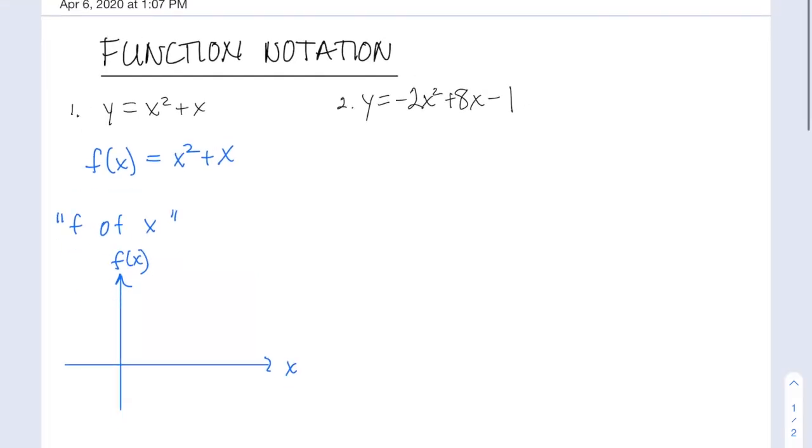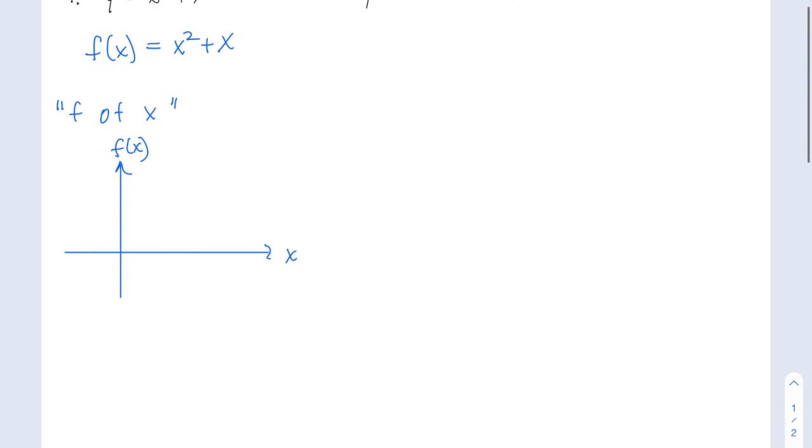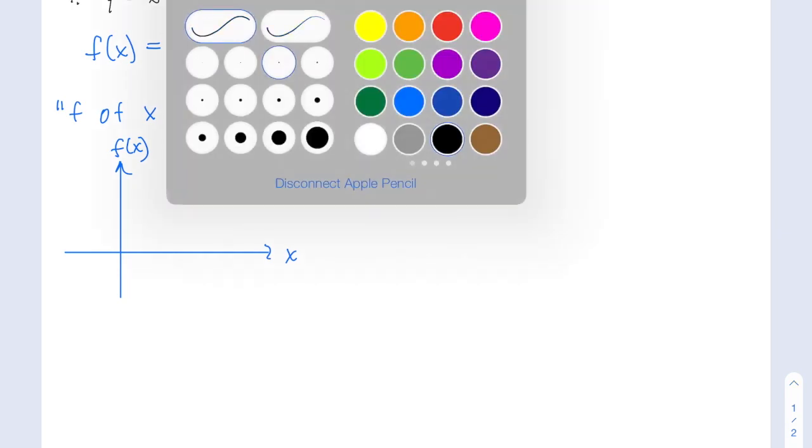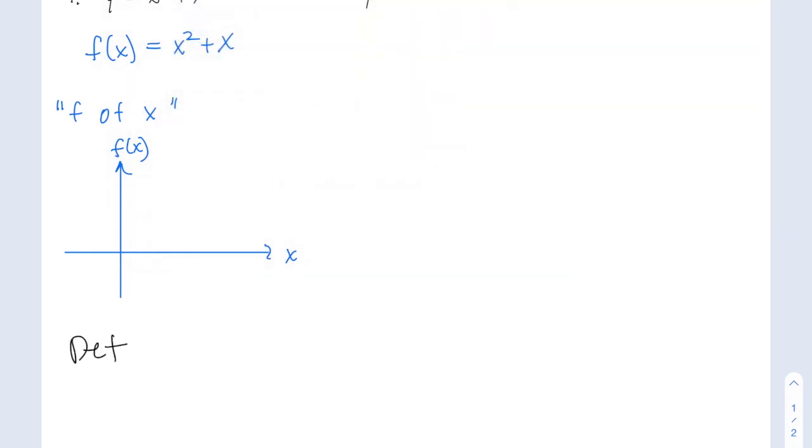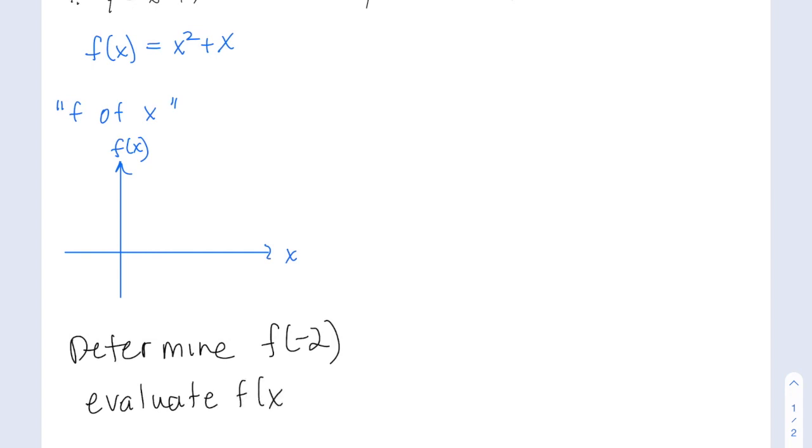So how do I use this? If I ask you to determine f of -2, what that is asking you to do is evaluate f of x when x equals -2.